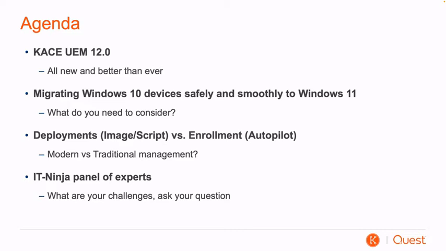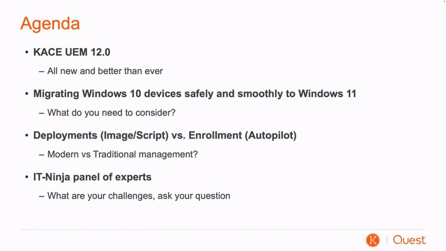Afterwards, we will take a look at the different deployment or enrollment possibilities you have. We have the classical way of deploying an image or a scripted installation, and we will compare that with an Autopilot enrollment. What are the things to consider here, and what are the advantages of each deployment method?